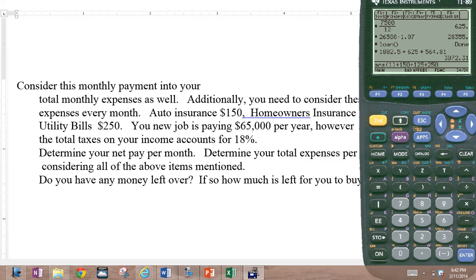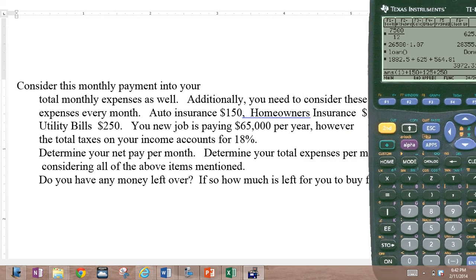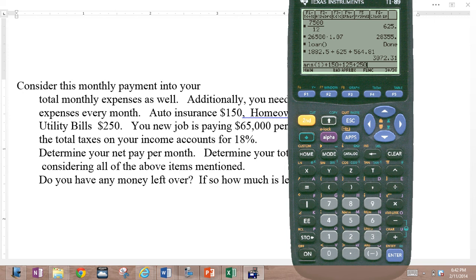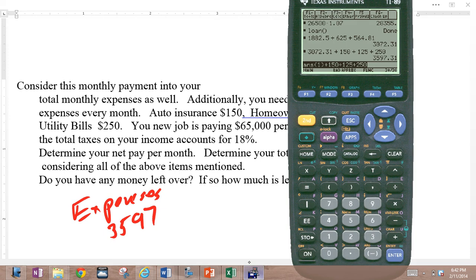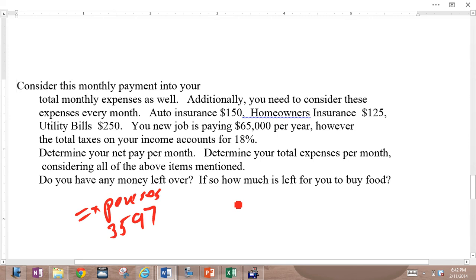All right, and I think we accounted for all expenses. All right, so total monthly expenses is 3,600, let's say, 3,597. All right, expenses. $3,597. I think that's what we said, right? $3,597 per month.